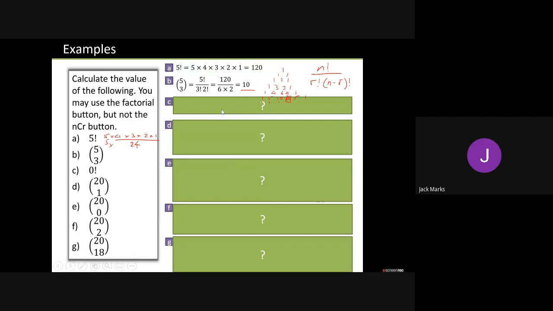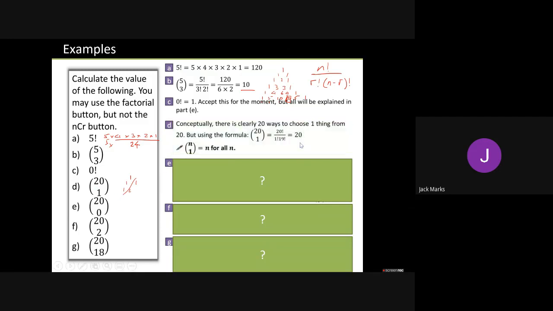0 factorial, you'll be quite surprised by the result here. It's 1. Just accept this for now. You're going to see why it must be 1 in just a second. 20 choose 1. Do you remember the pattern from the pyramid that said the second part always gave you the row number?